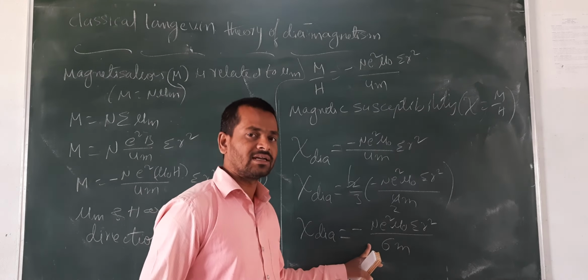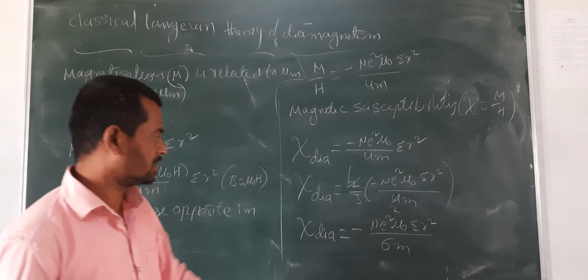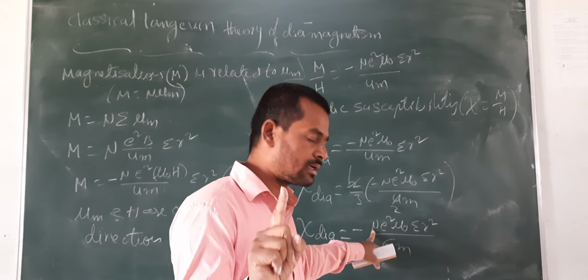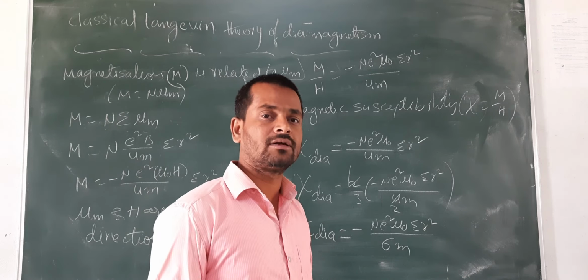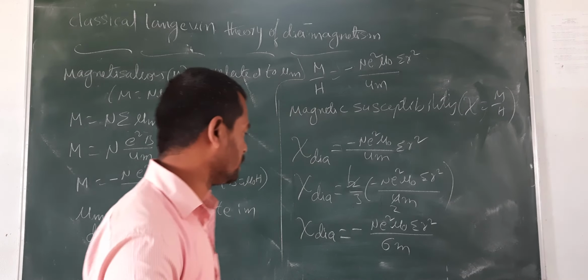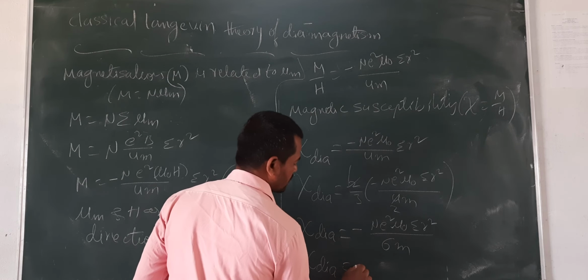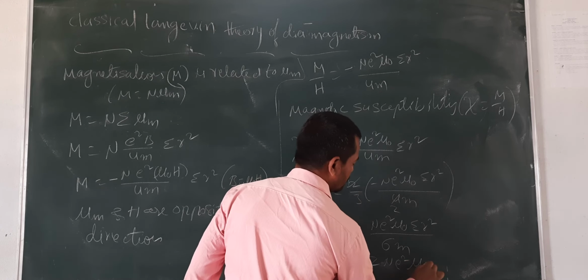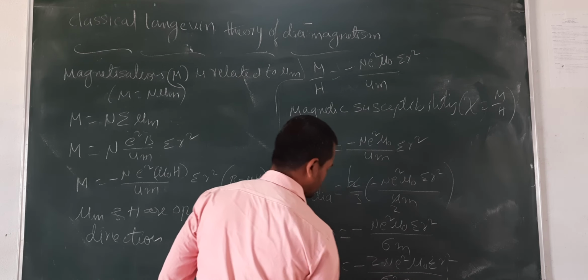It is for one electron only. Suppose there are Z number of electrons; n indicates the number of atoms per unit volume only. If there are Z number of electrons, then the equation is chi dia is equal to minus Z n e square mu naught summation r square by 6m.